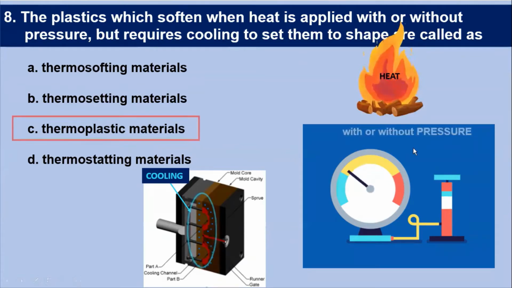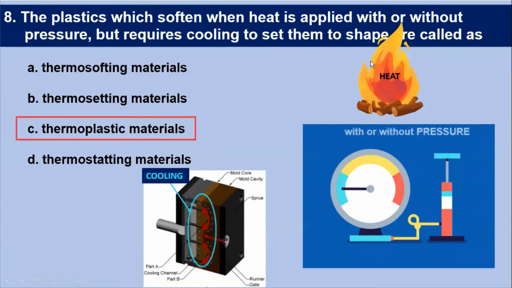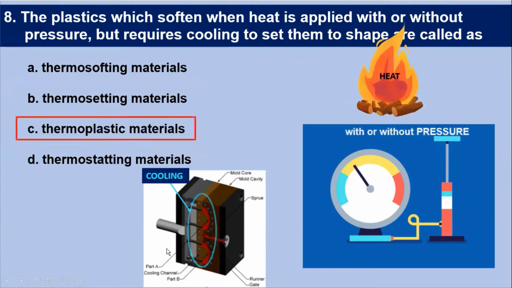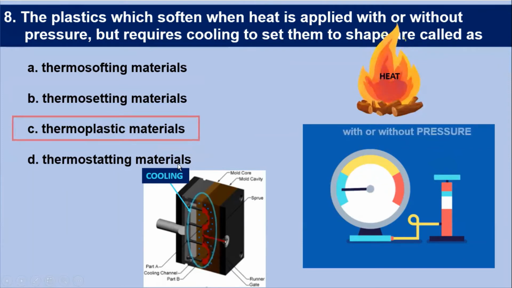Here I have shown through the diagram, the material is first heated, then with or without pressure it is applied, and then we go for the cooling to set them to a proper shape, and that is called the thermoplastic materials. So that's why our option is C here.